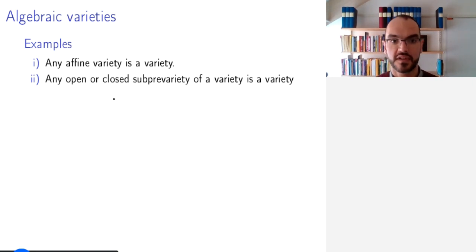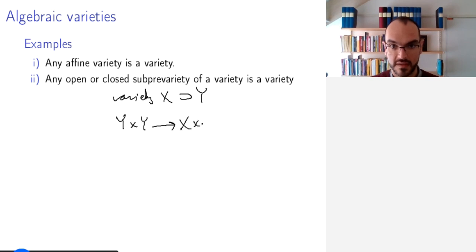This is because if you have a variety X and such a sub-prevariety Y, then you consider the morphism from Y times Y to X times X. That is simply inclusion.